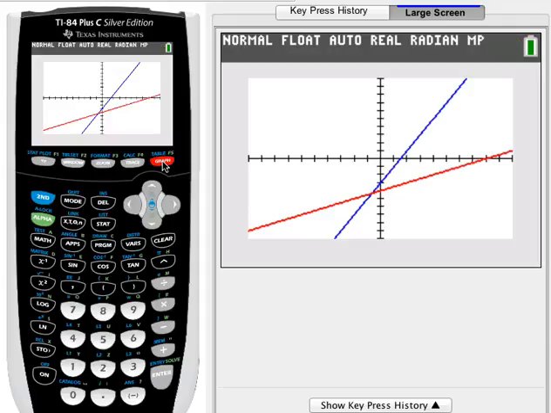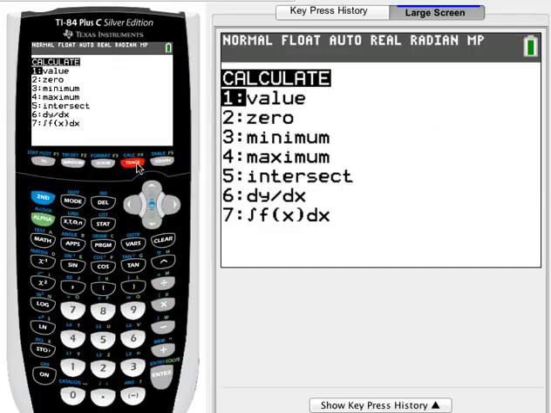And if we want to know where these cross, there's a really cool feature under calc. So if you go above trace into that calc feature, there's this really cool thing called intersect. All right? And intersect will actually find that intersection for you. So it's a really, really cool tool.